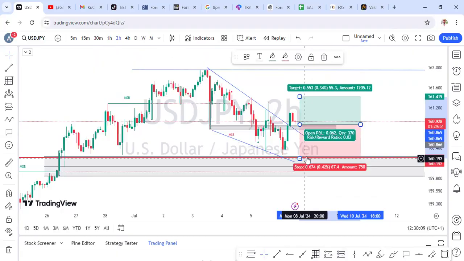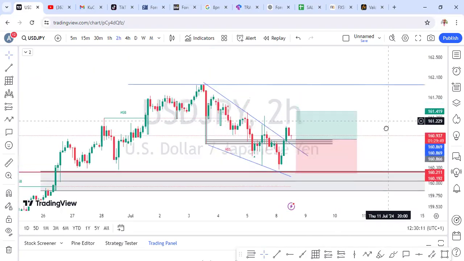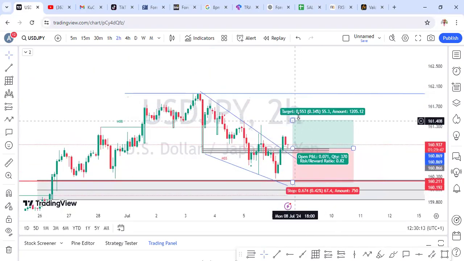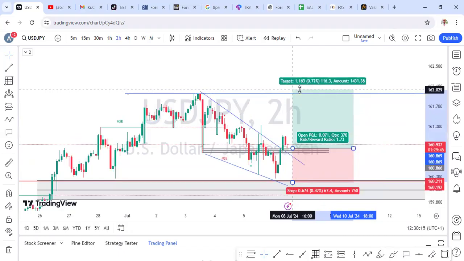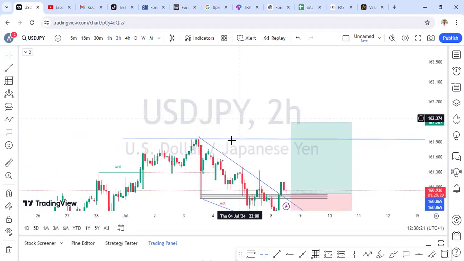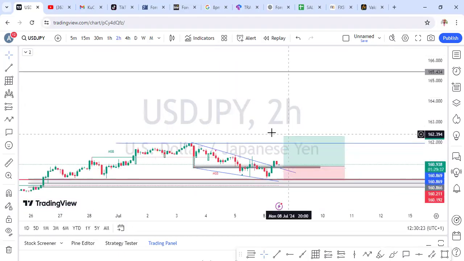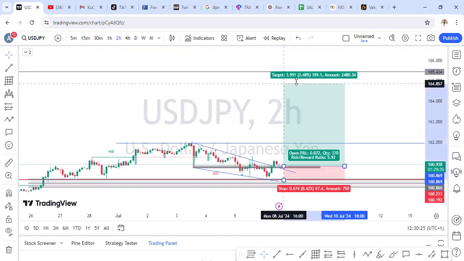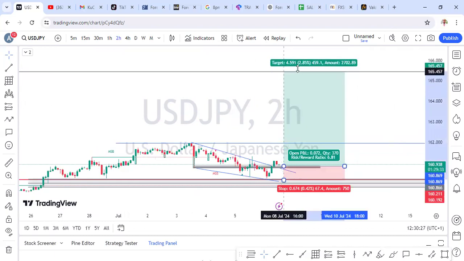That's about 7 pips. UJ used to move very fast, so at least target your 2 to 1, or you join us to swing to this place. So this is my idea.